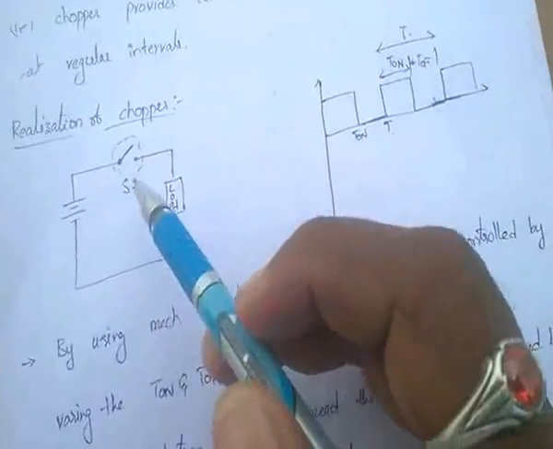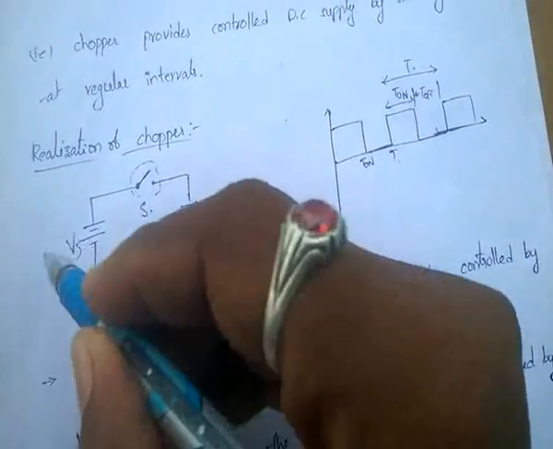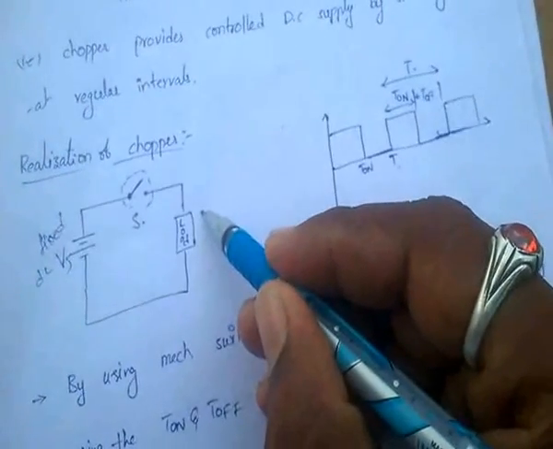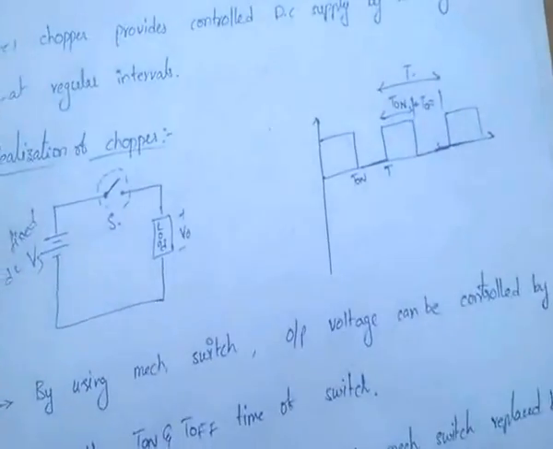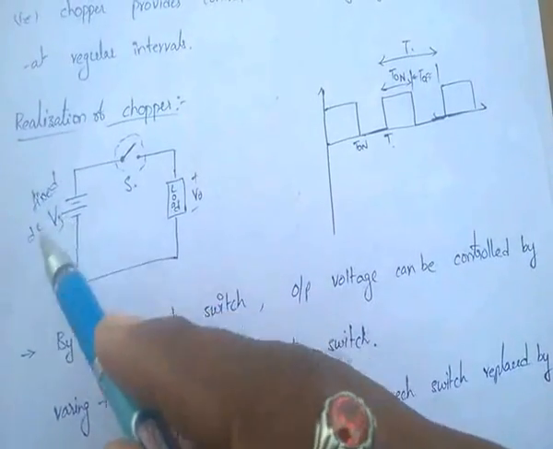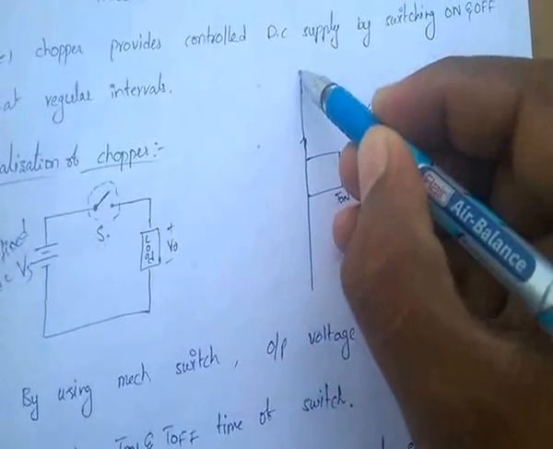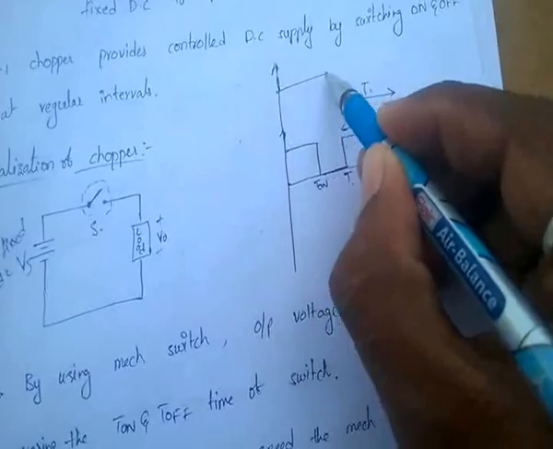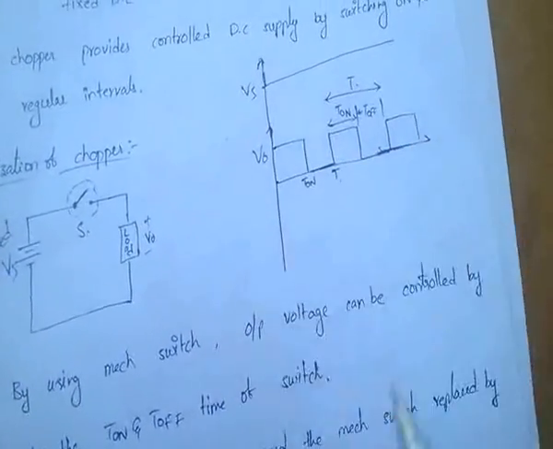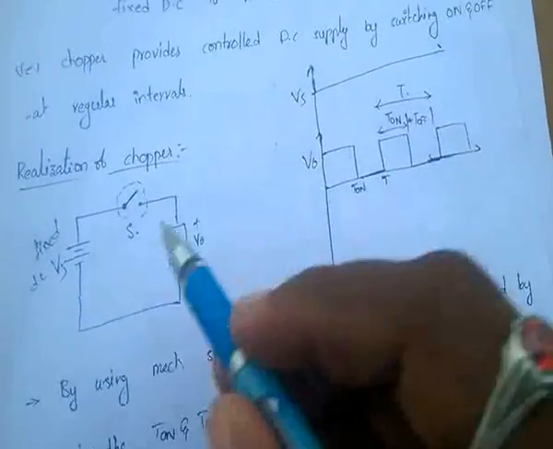In the realization of chopper, it is a fixed DC supply voltage, and here it is the output voltage V0.